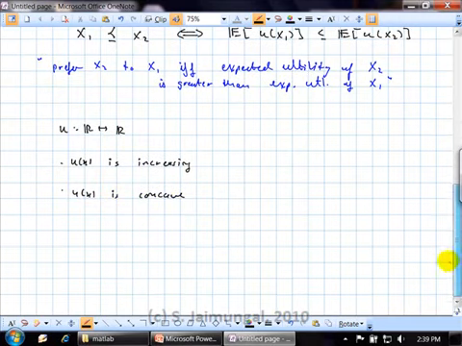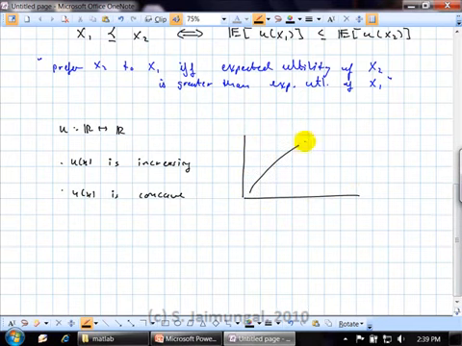Concavity is what prevents the utility of the linear combination from being smaller than the combination of the individual utilities. So utility functions typically look like this. Now there are some other technical conditions, such as the Inada conditions at 0 and at plus and minus infinity, but we will shove those under the rug and just say that this is all that we're going to really require of our utility function.